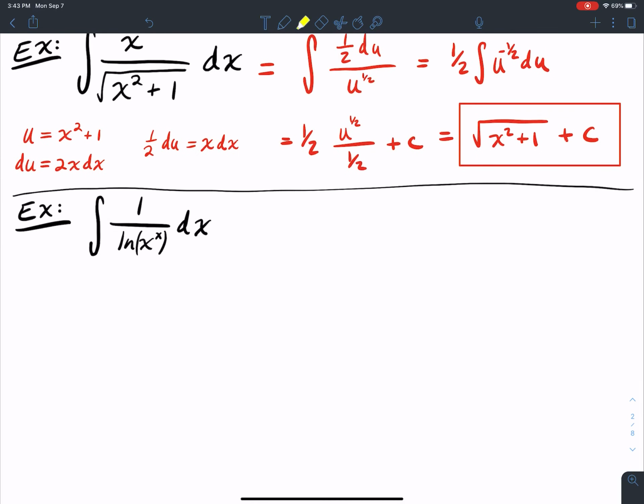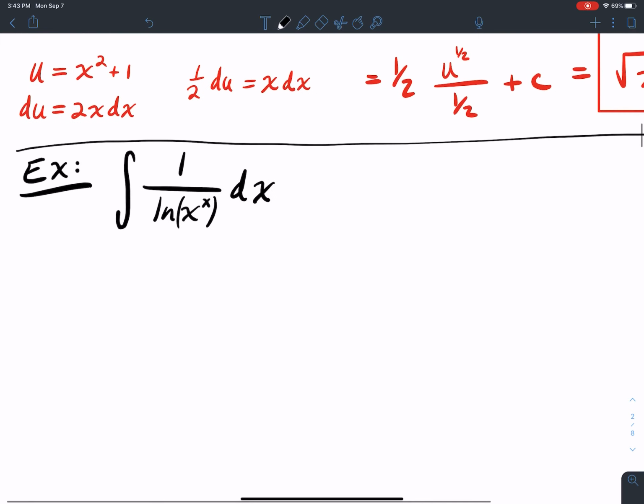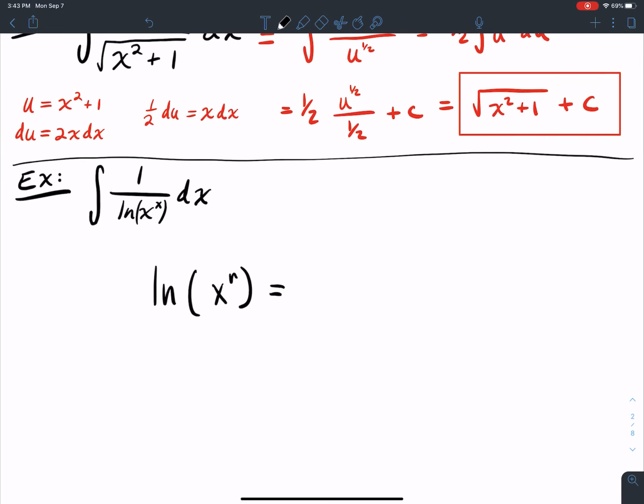This next one here, I'm going to need to use some properties of logarithms. If you think back to a property of logarithms, if I have ln of x to the r, this is like r times the ln of x. Okay, why does that work? Well, let's think about this. ln of x squared.